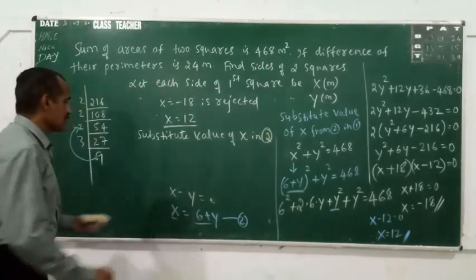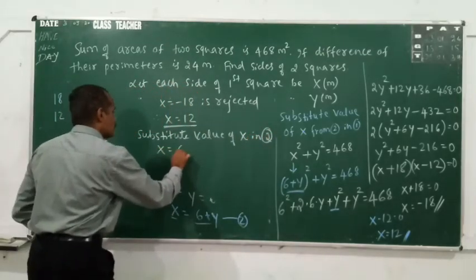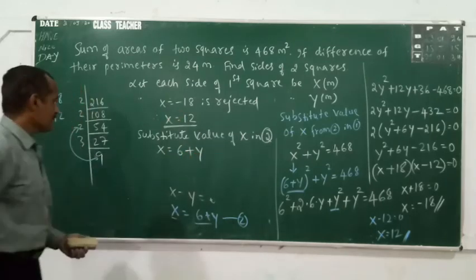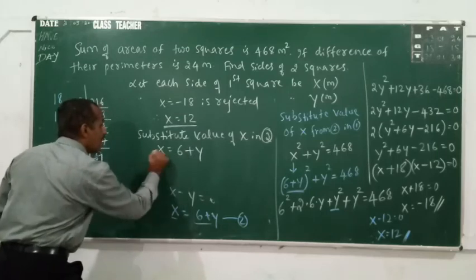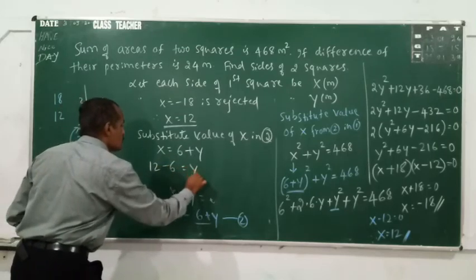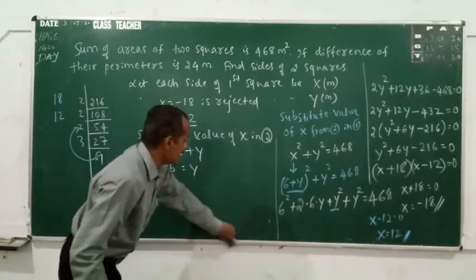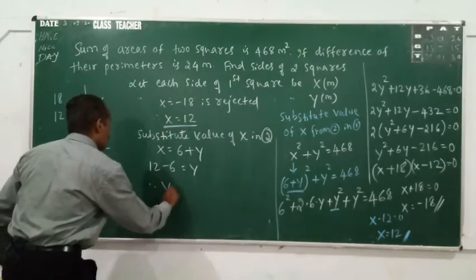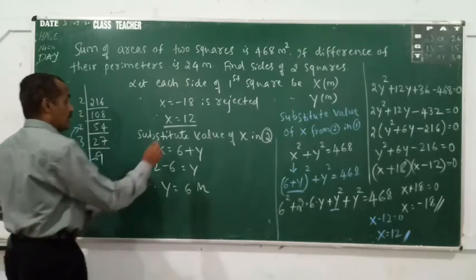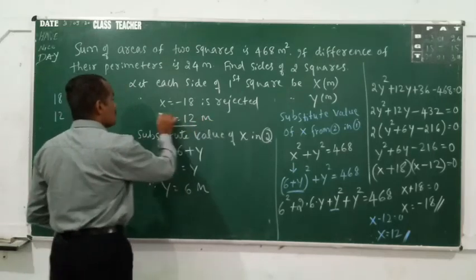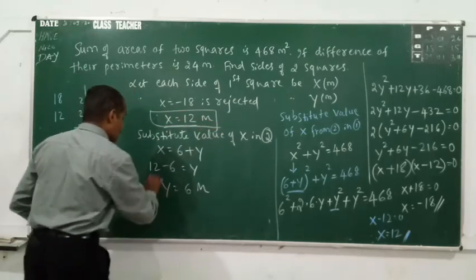What does equation number 2 say? x is equal to 6 plus y. Right? x is 12. 12 minus 6 is equal to y. Therefore, y is equal to 6 meters. So x is equal to 12 meters and y is equal to 6 meters.